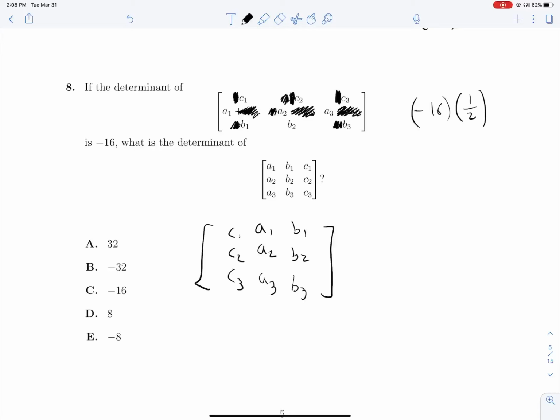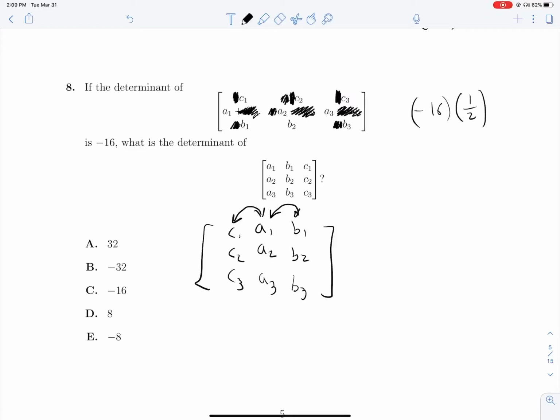Now, what do we have to do to get this into this form as we see here? Well, all of our columns are out of place. We're going to have to switch the places of these two. Now we have C in the middle, and then we're going to have to exchange C with B. And so doing two flips like that will each multiply our determinant by -1 again.